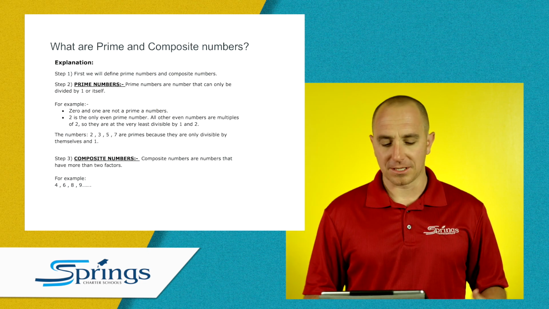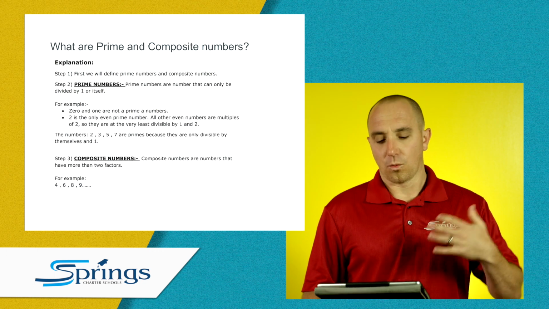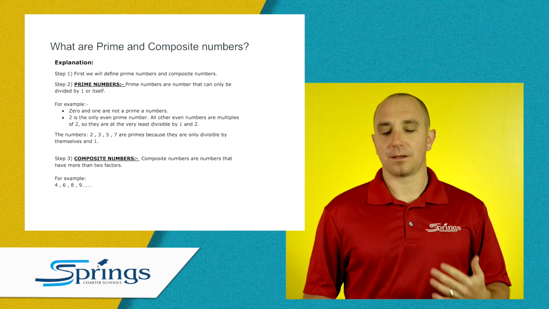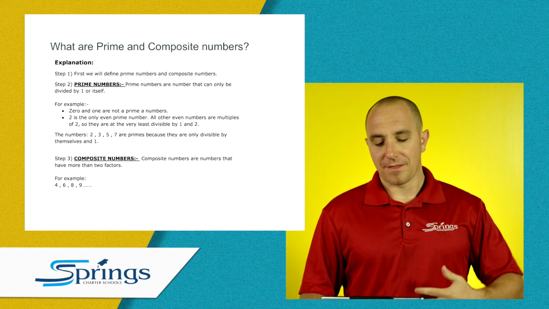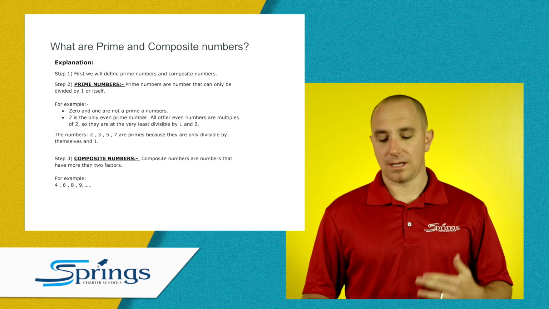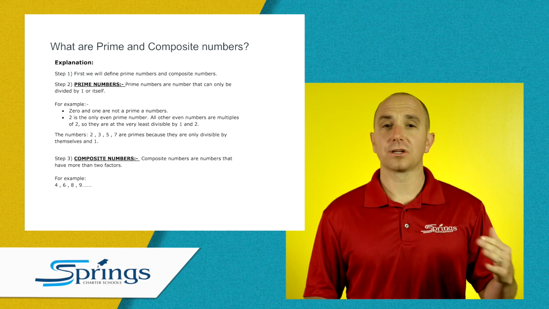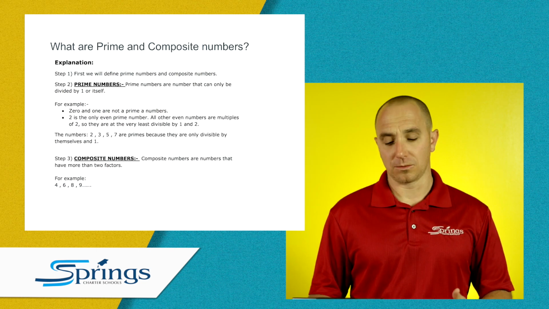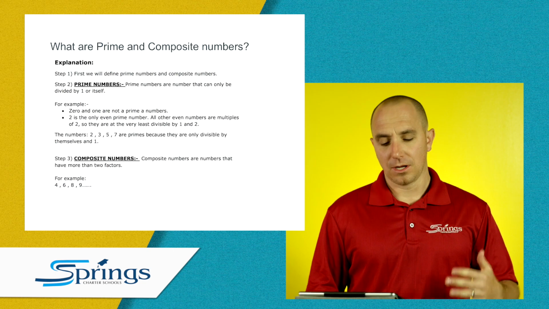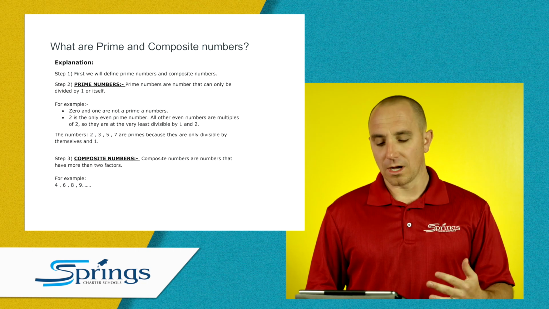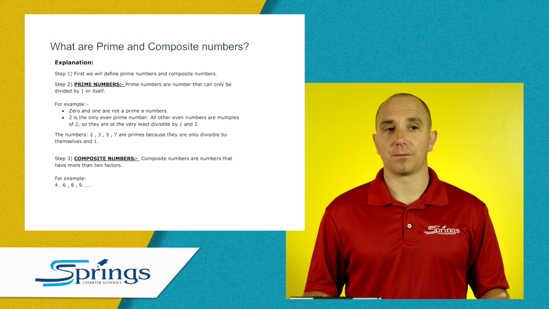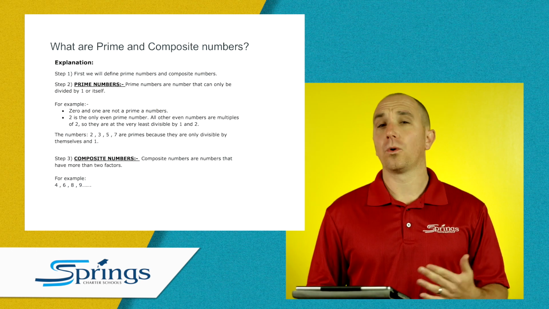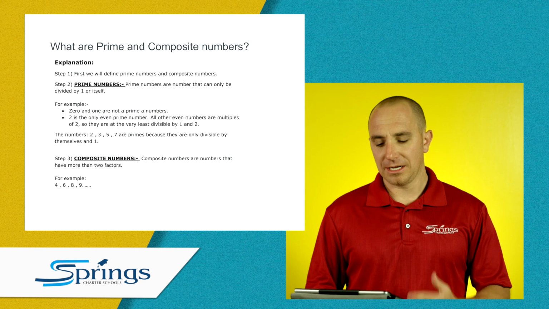All right, the first step is we have to define what prime numbers are and what composite numbers are. Prime numbers are numbers that can only be divided by 1 and itself. Let's look at a couple examples. Even though 0 and 1 seem like they would be prime, they are not prime numbers. 2 is the only even prime number, and here's why.